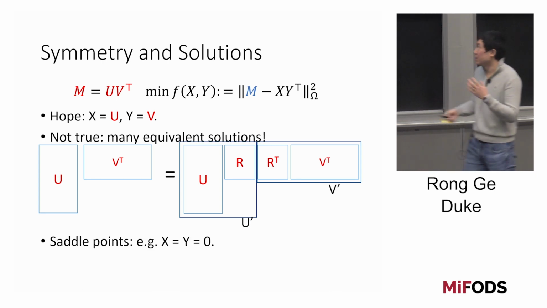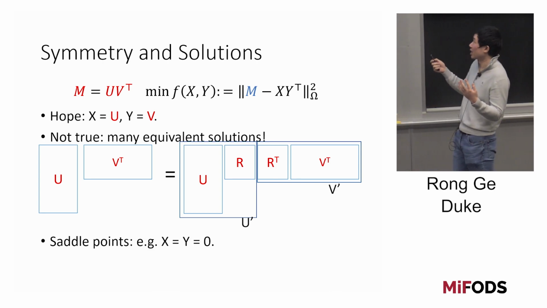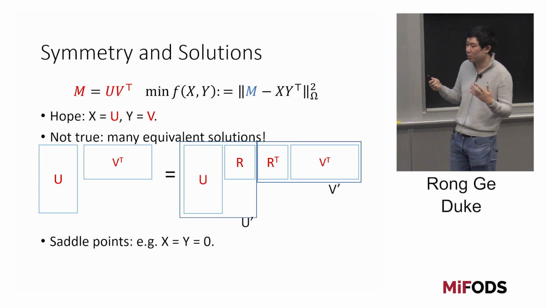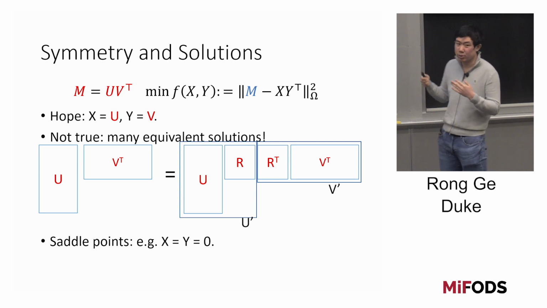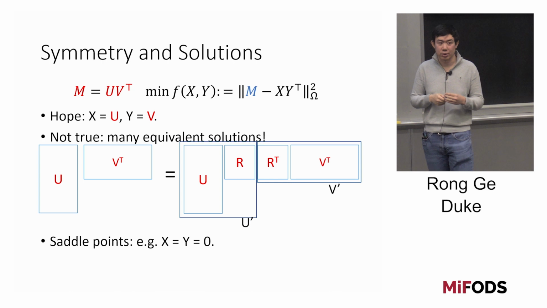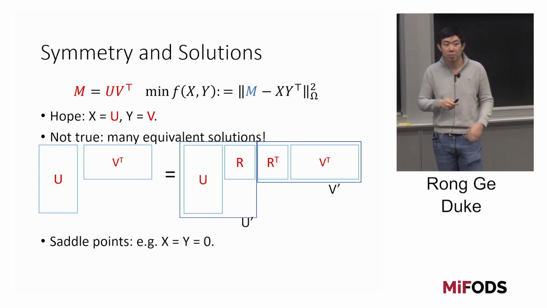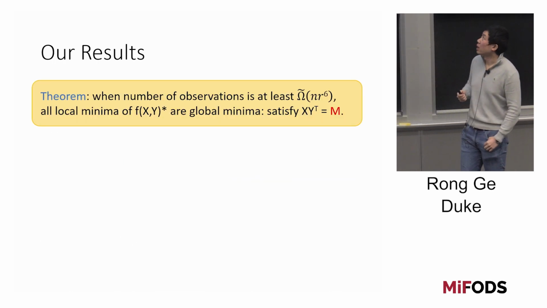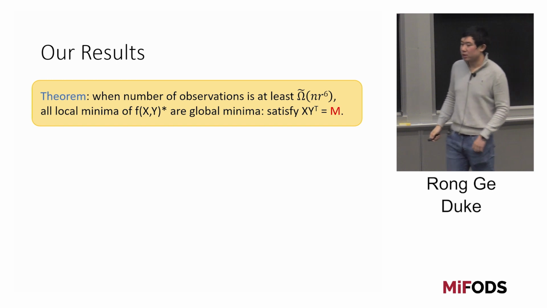Because of this symmetry, the objective function is non-convex, and there are also many saddle points. One of them is x equal to y equal to 0. But there are actually more of them. So what can we say for this objective function?